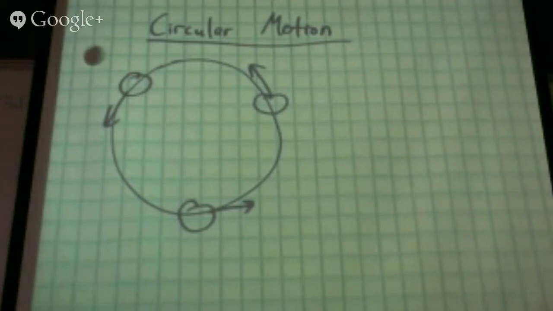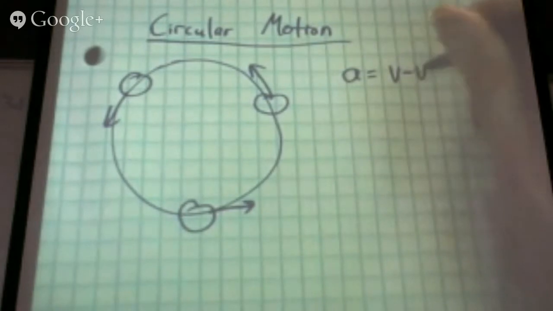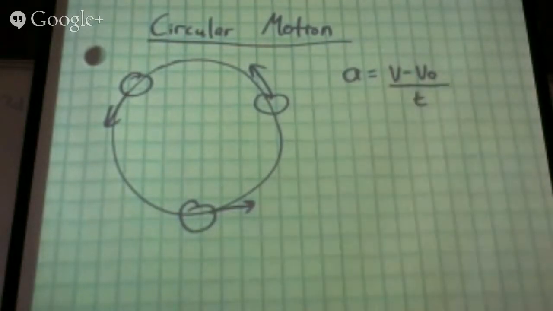So we know we're accelerating, but if we have an object going at constant speed and we look for the acceleration, we would, in the past, have done something like acceleration equals v minus v naught over t. We'd have the same numbers for v and v naught, so we get acceleration as 0, but we know it's not 0 because it's changing direction.